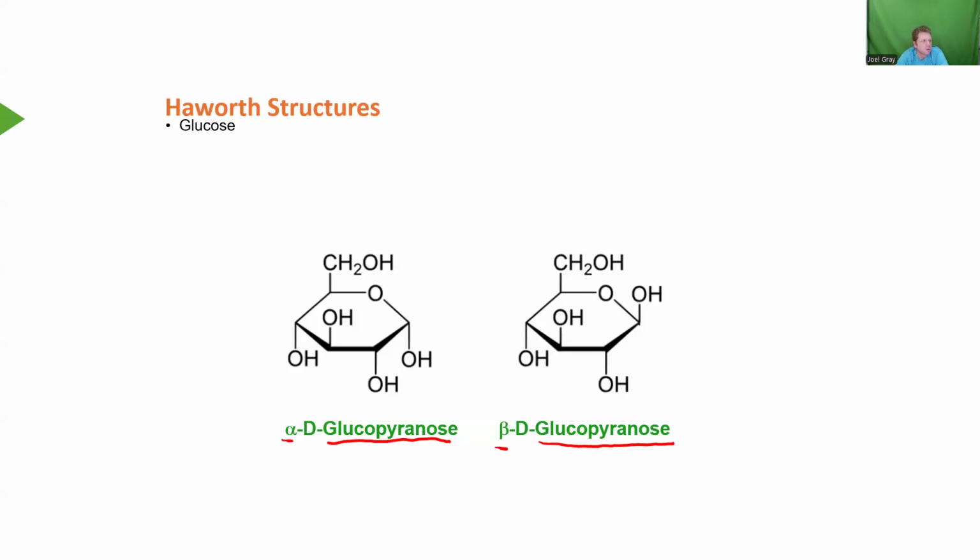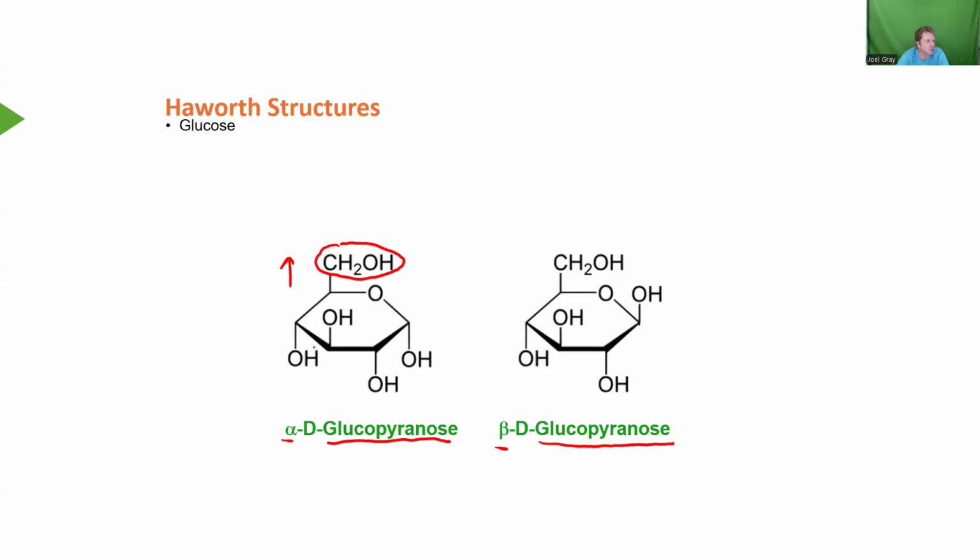Now, looking at these two sugars, let's pick this CH2OH. I'm going to say that this group is pointed up with respect to my ring, pointing above my ring, in the north direction.